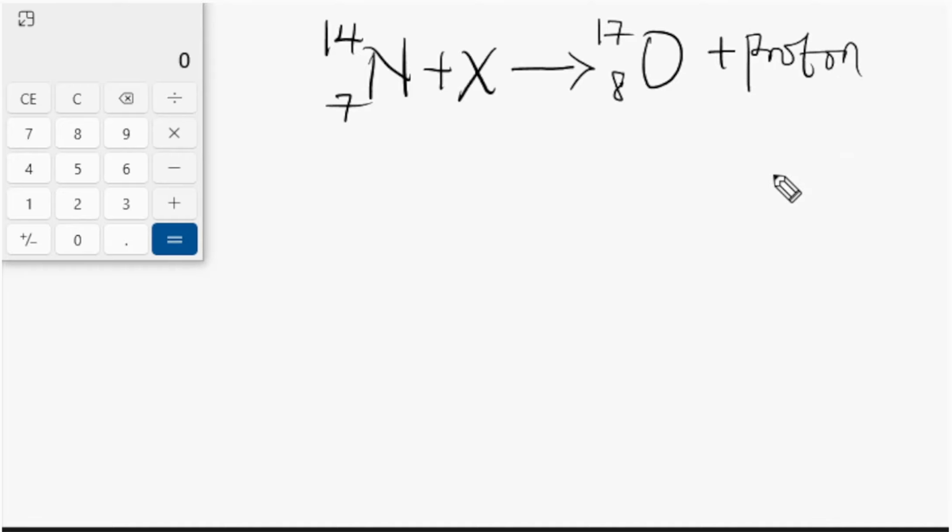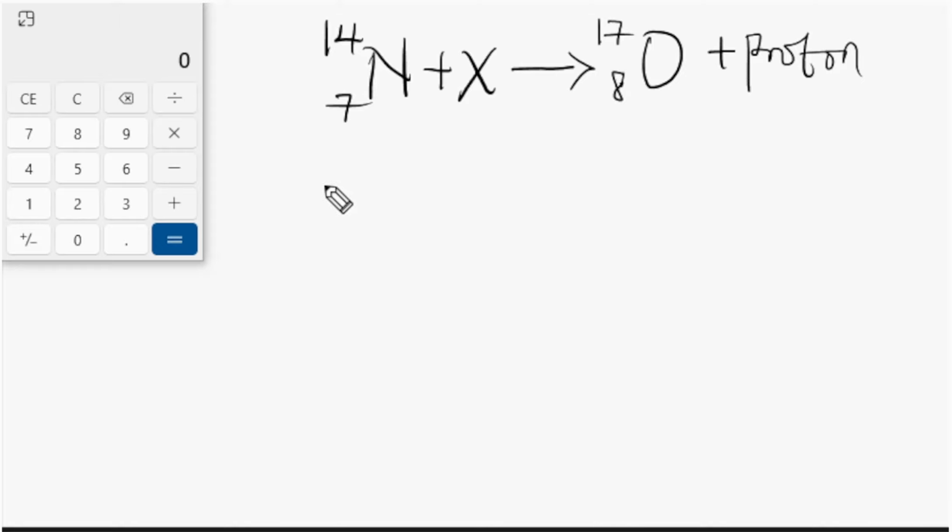So guys, for this, adding a proton to this oxygen will mean that the atomic number will increase as well as the mass number. So they will both increase by 1.